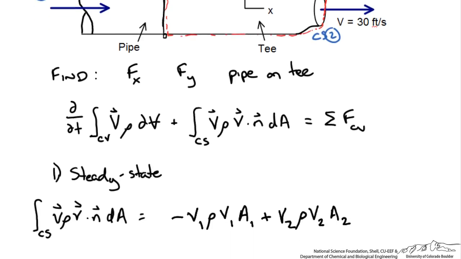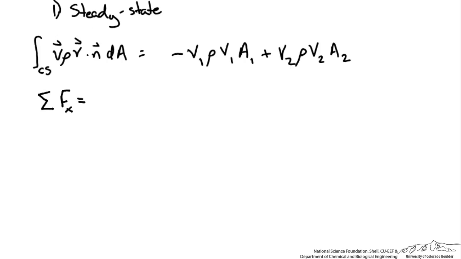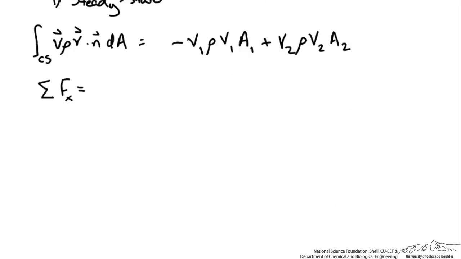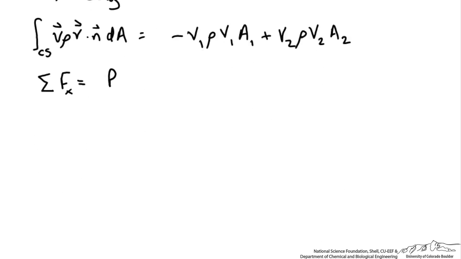So now let's work on the right side of our momentum balance equation, the sum of the forces. We have our pressure force acting on section 1, and this is, if we work in gauge pressures, we'll say that this is P gauge at 1 times the area at 1.